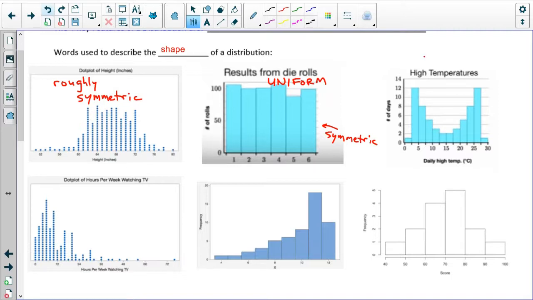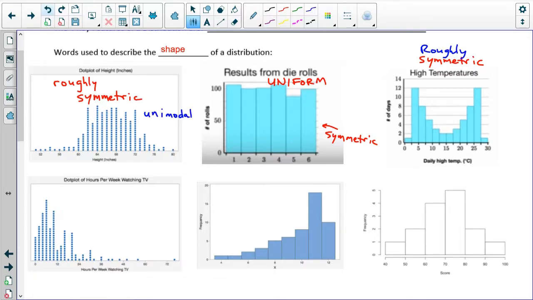This third one is also symmetric, but we can be a little bit more specific on this one as well. So roughly symmetric, approximately symmetric, something like that. So if we're looking at the one on the far left, we would probably call this unimodal and symmetric.